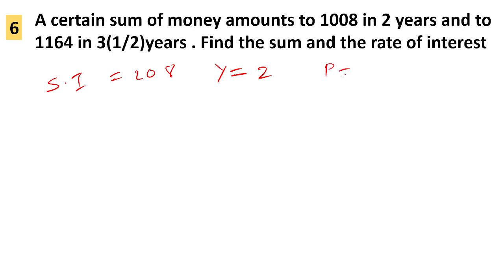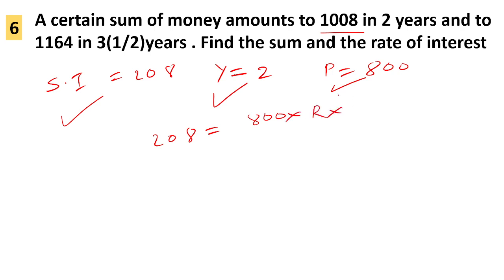And P will be 1008 minus 208. How will it become? That is 800. So we got the simple interest, the time, and P, so directly we can find the R. 208 equal to P R T by 100. What is P? 800. We don't know R, into time, what is T? 2, divided by 100. Solve this and you will get the rate also, that is 13%.